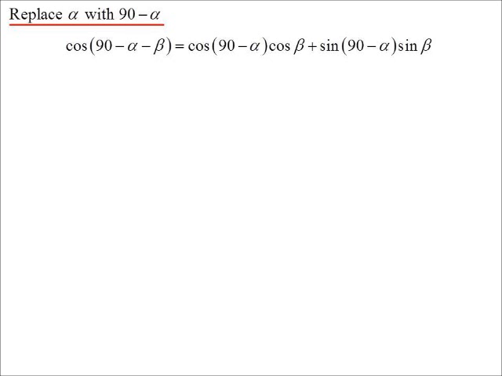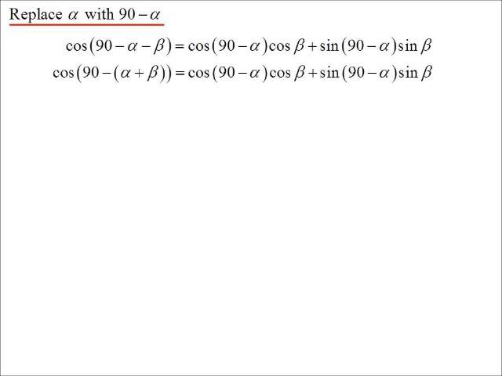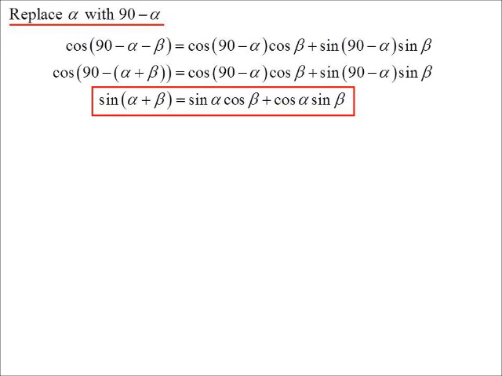So we could tidy that up. Now, 90 minus alpha minus beta, I can factorise and get also a complementary ratio, 90 minus alpha plus beta. So my cos of 90 minus alpha plus beta, I can turn into sine of alpha plus beta. The cos of 90 minus alpha, I can turn into sine alpha, and the sine of 90 minus alpha, I get cos alpha. So the sine of alpha plus beta is sine alpha cos beta plus cos alpha sine beta.